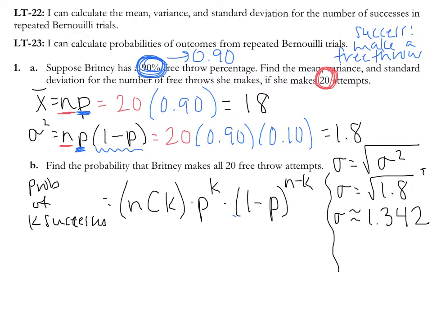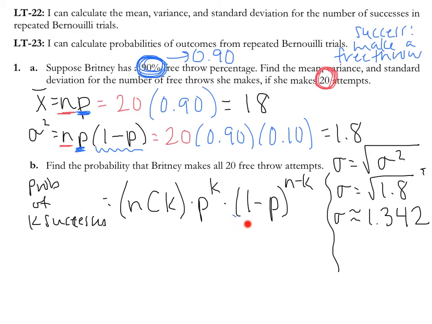So the idea is, suppose that we want k successes. So in this case, we want 20 successes out of 20 free throw attempts. So this part here has us multiply by the probability of getting a single success, k times.